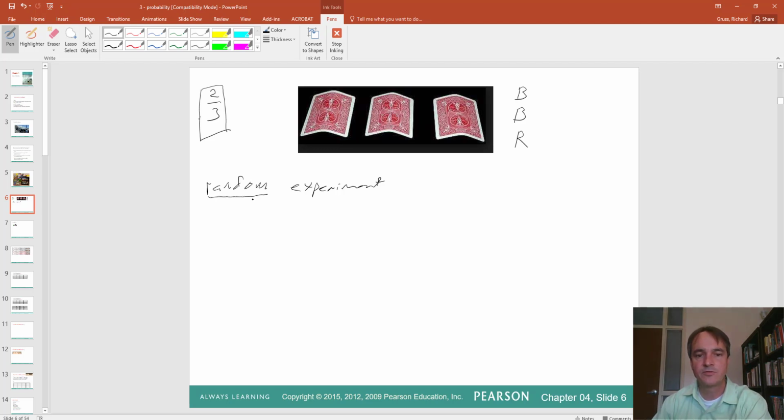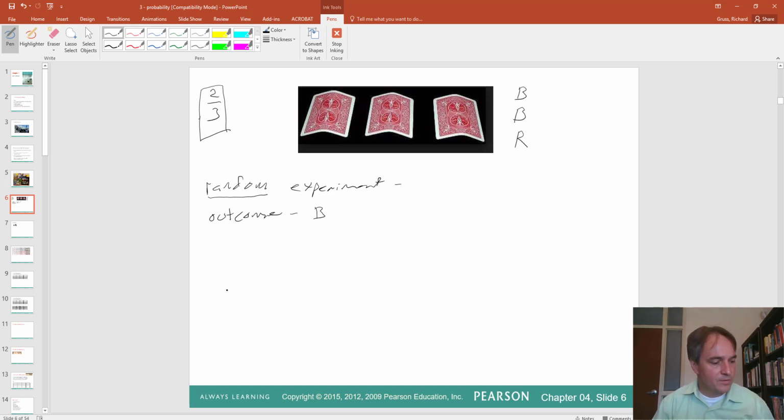Okay, so we formally call that a random experiment. And a random experiment is going to have an outcome. Okay, so in our case, the random experiment is drawing a card, right? And the outcome that we asked about is drawing a black card.